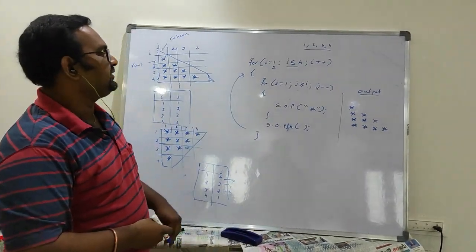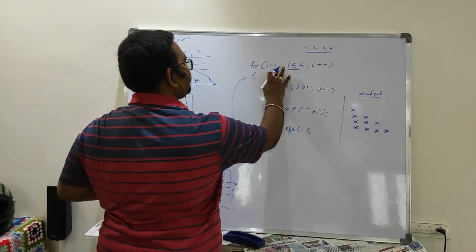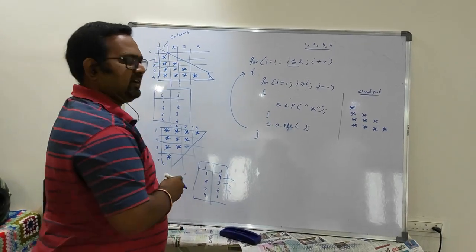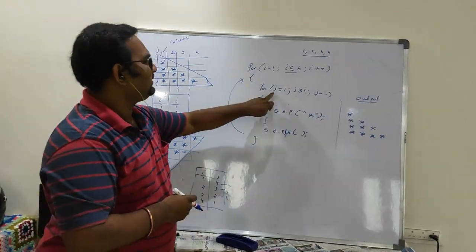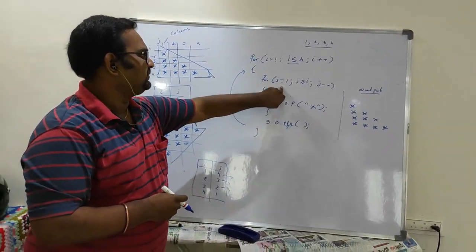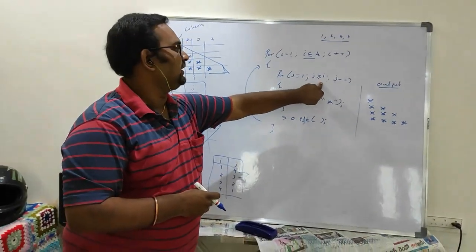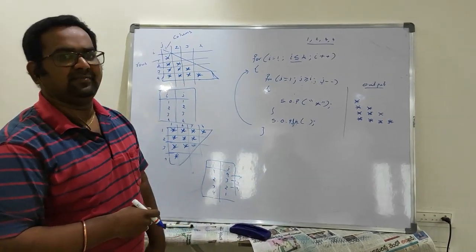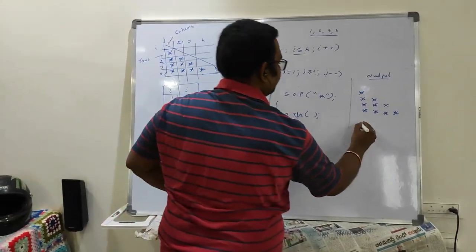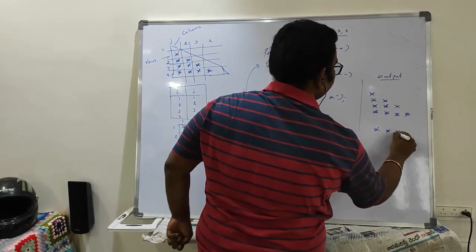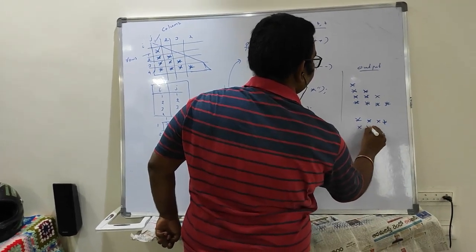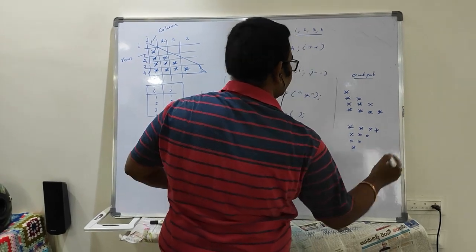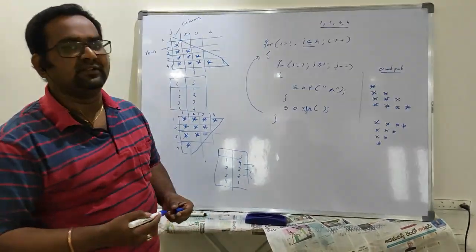Now i is 1 and j starts from its value, and the pattern will print star, star, star, star. So this is the logic.